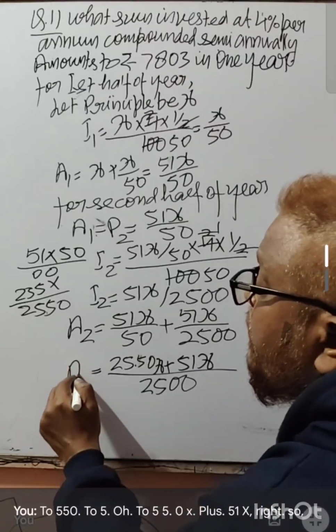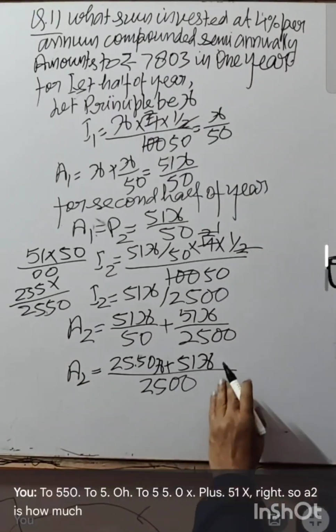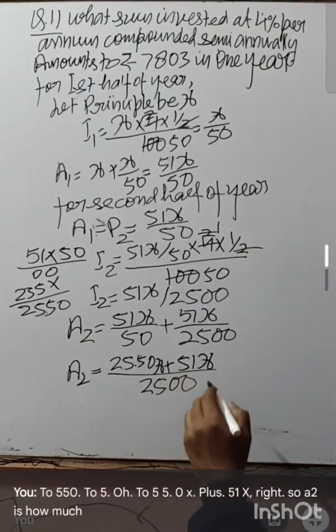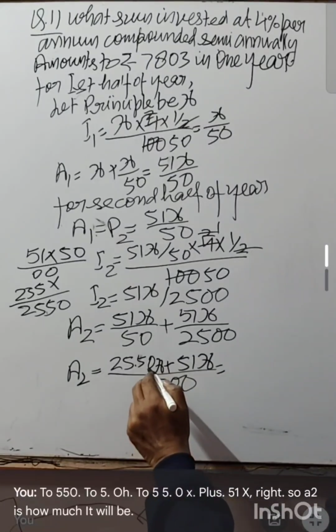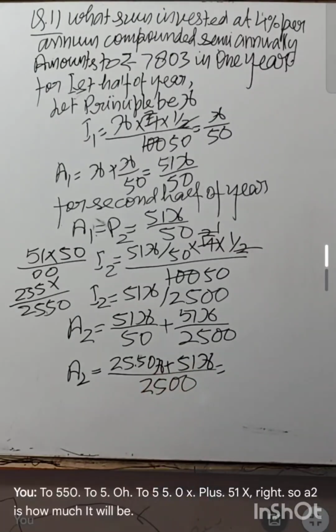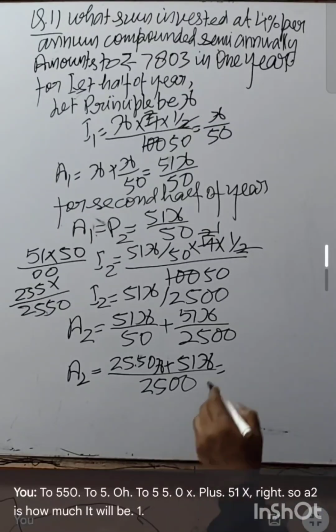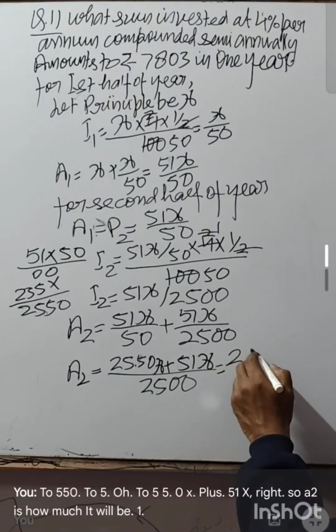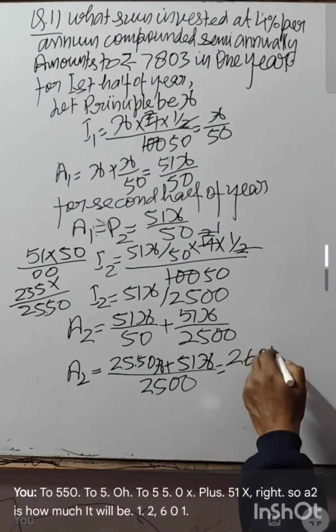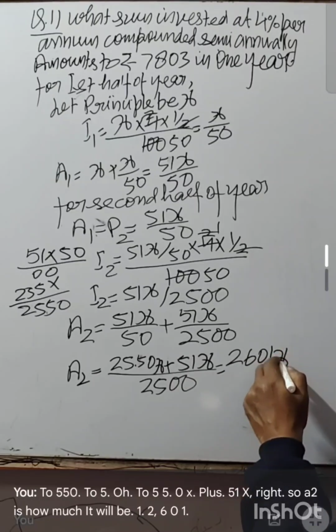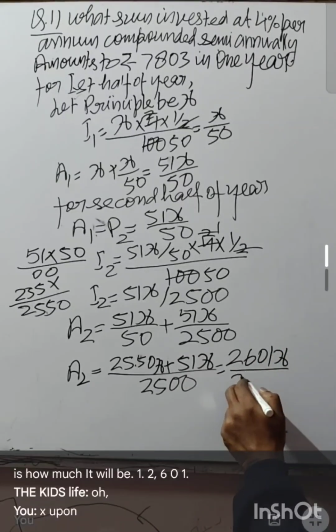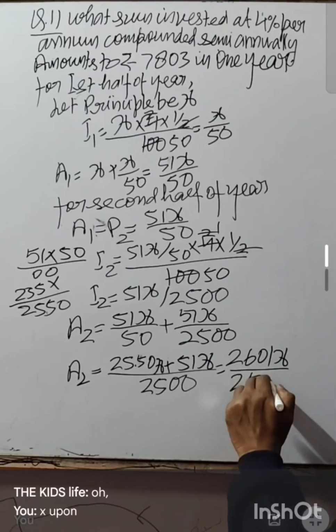So A2 is how much? It will be 2601X upon 2500.